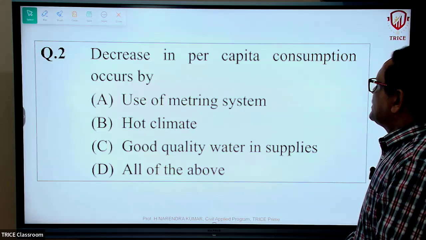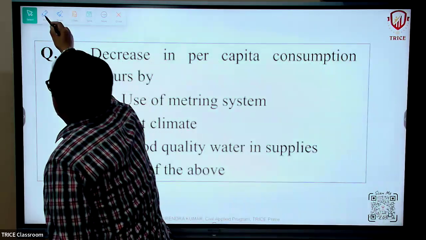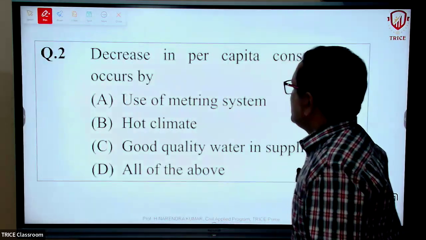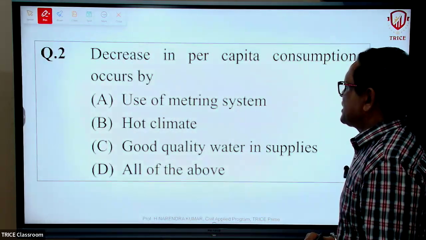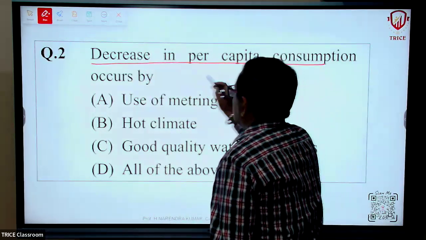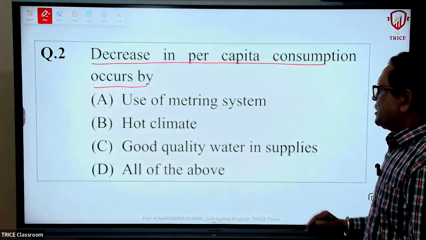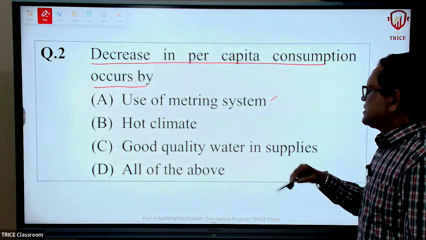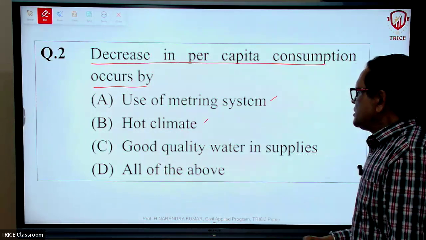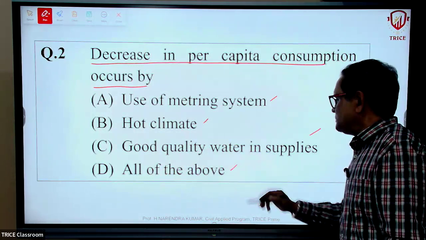There is one question in one of the papers. Decrease in per capita consumption occurs by, and there are four options: use of metering system, hot climate, good quality water in supplies, all of the above.